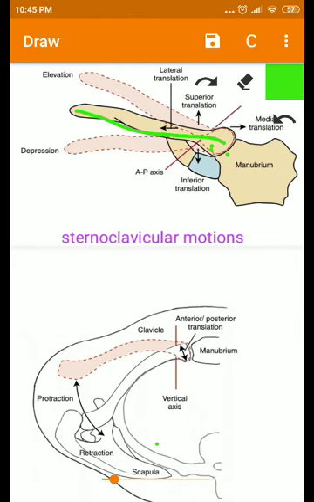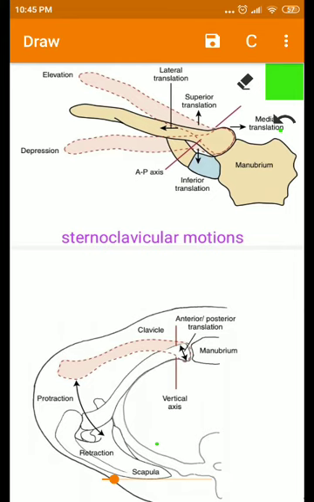The horizontal alignment of the clavicle can sometimes create confusion and visual impairment of clavicular motion.